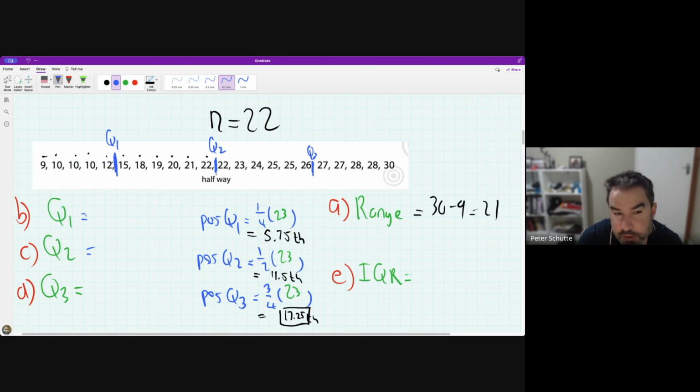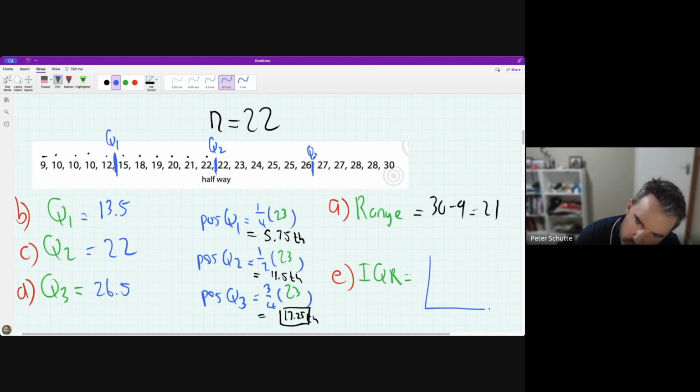Well, halfway between 12 and 15 would be 13 and a half. Q2, or the median, should be 22, and Q3 should be 26.5. What I want to know is what is the interquartile range?